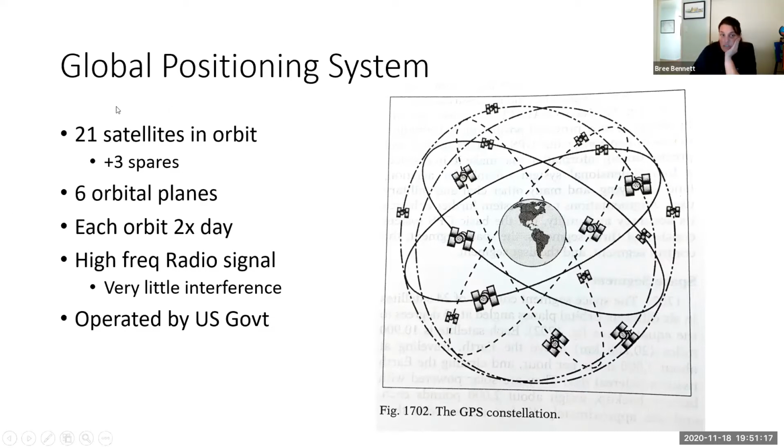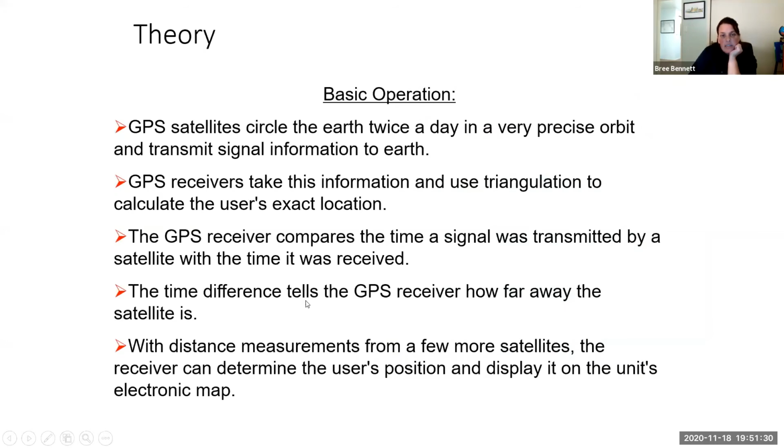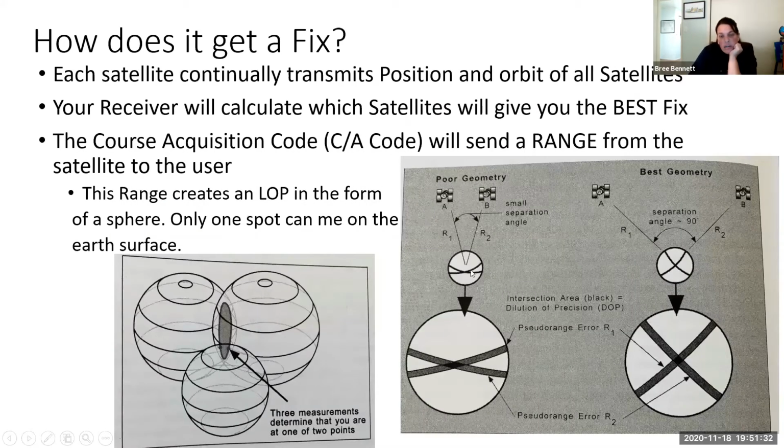For GPS, it's the same concept. We're just getting the distances. When we get a distance from a satellite, just like when we get a distance from an aid to navigation, we get this arc.